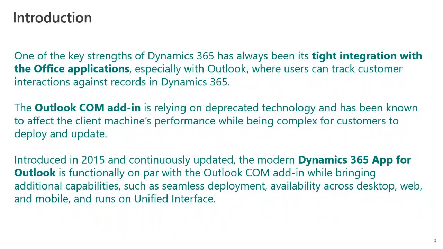We introduced in 2015, and have continuously updated since then, a modern app for Outlook, which is now on par functionally with the Outlook COM add-in, while also bringing additional capabilities, such as seamless deployment, availability across desktop, web, and mobile, and that runs on the unified interface, which is the latest and soon the only supported user interface for your Dynamics 365 apps.